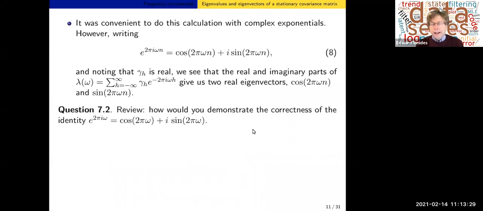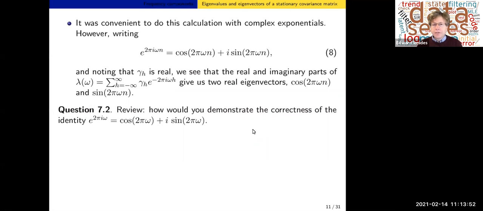Now, it's convenient when you're doing the math to use complex numbers and complex exponentials. You don't have to. You can always view things in terms of sines and cosines, and the complex numbers are just a convenient way to keep track of the sines and cosines.